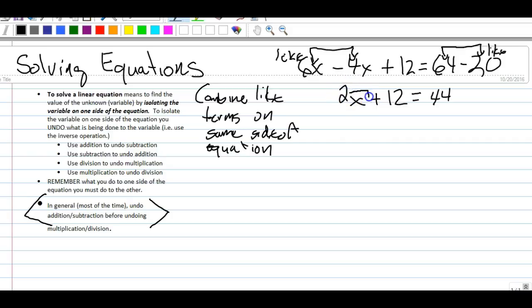You ask yourself, what is your variable? Your variable is x. What's being done to your variable? X is being multiplied by 2, and to that product, 12 is being added.